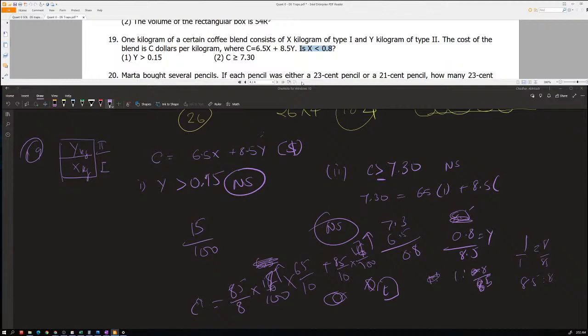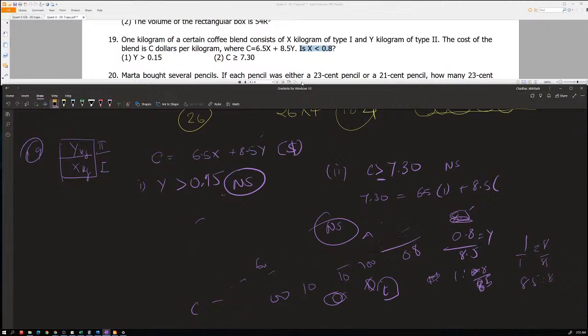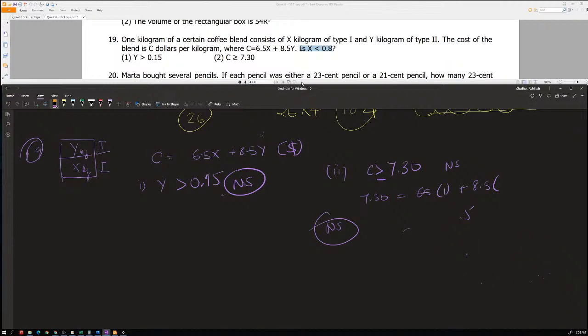In this x is 1, which is not less than 0.8. So definitely this is not sufficient now also. Just remove this extra stuff.